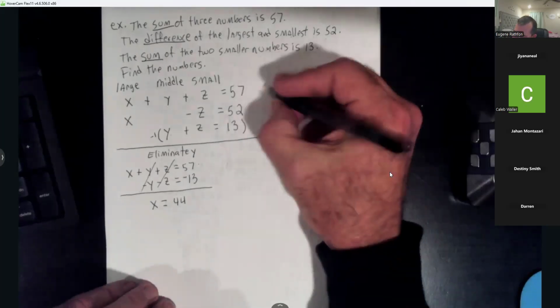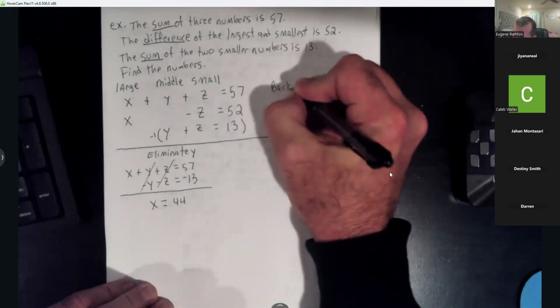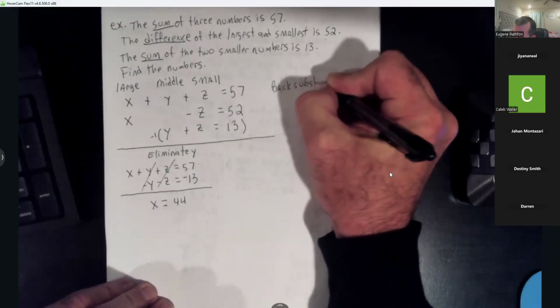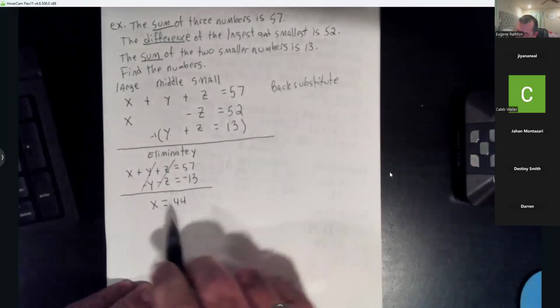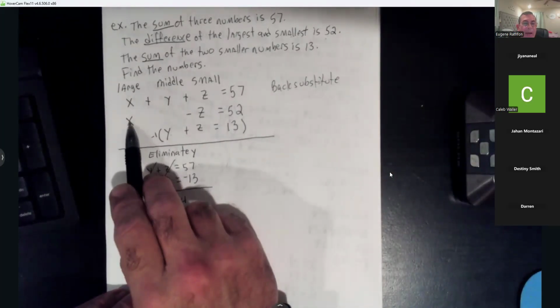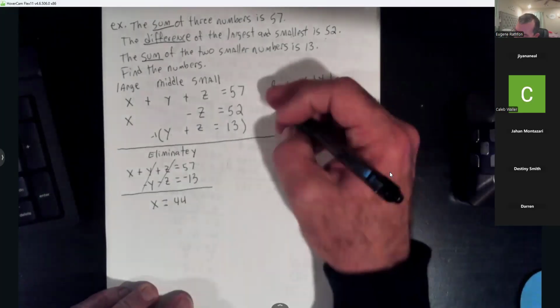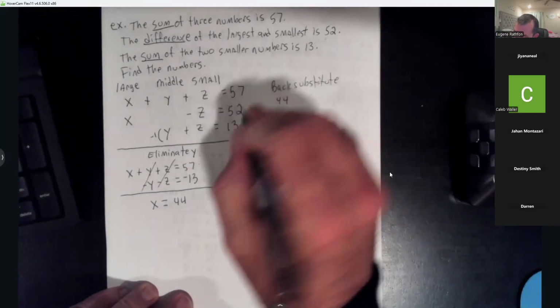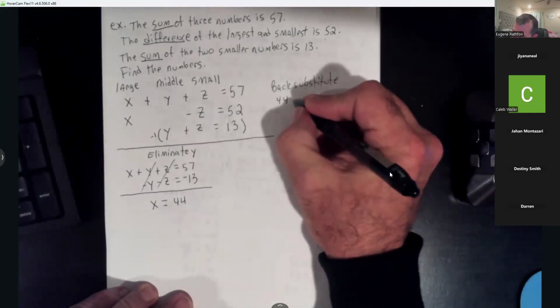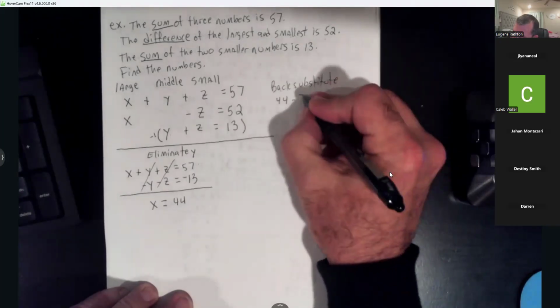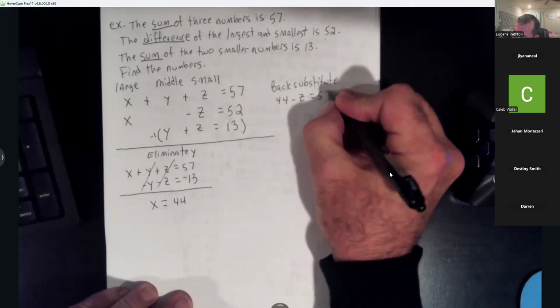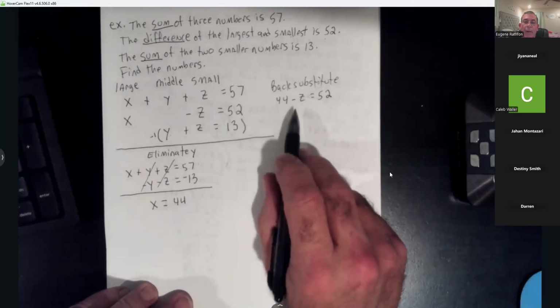All right, I know what x is. I'm going to back substitute. Well, since I know what x is, I can put that right here and solve for z. So I'm going to put 44 in for x, okay? Minus my z is going to equal 52. All right, y'all.